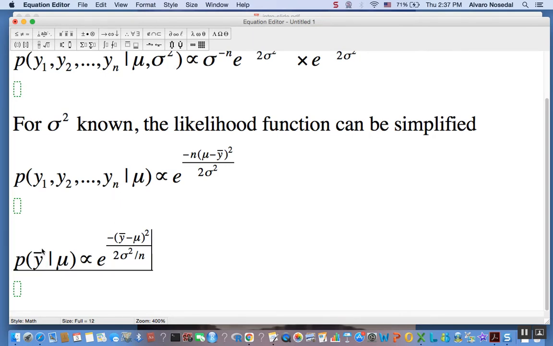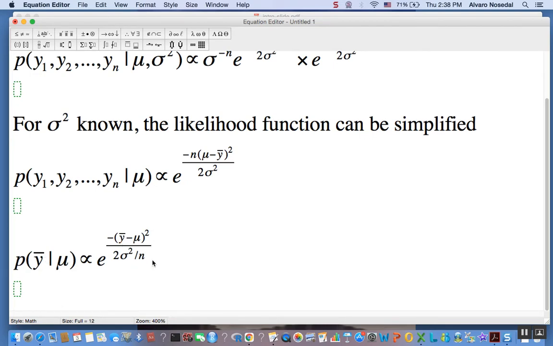The other two observations that we made are also going to be useful. Take a look at this expression. This should remind you of the kernel of a normal with mean mu and variance sigma squared divided by n if the variable is y bar.